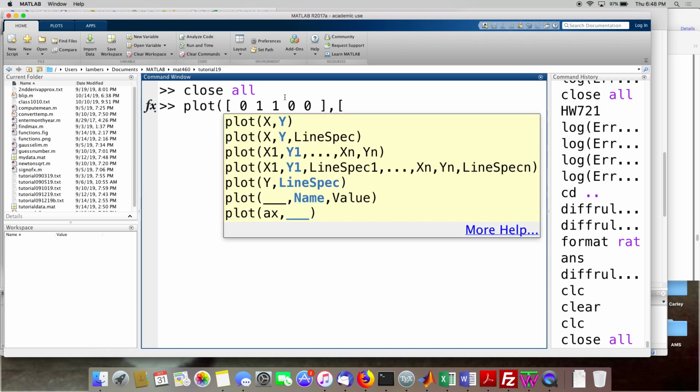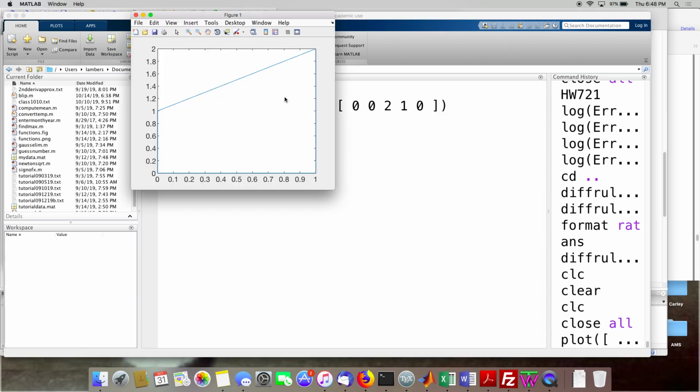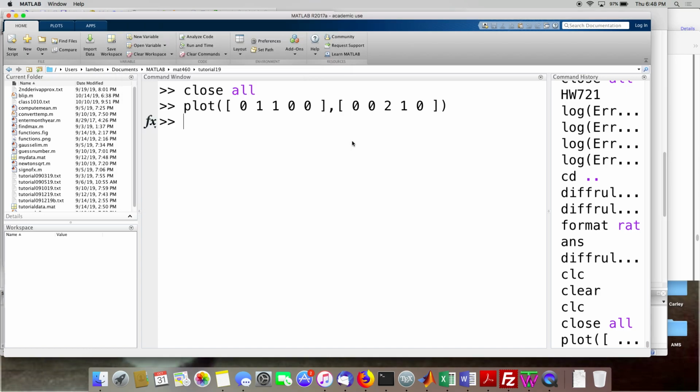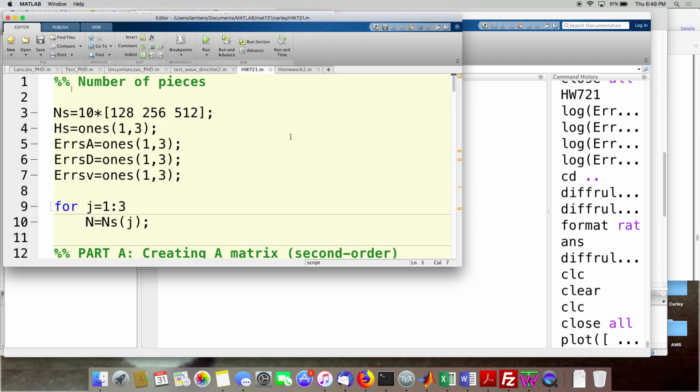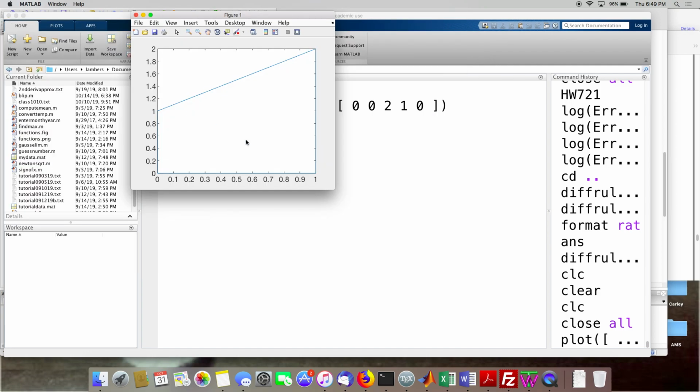Okay, and then my y values would be, let's say, 1. I'll explain this in a moment. Okay, y values would be 0, 0, 2, 1, 0. Okay, I'm going to change my axis limits so you can see this a little better. Right now my axis limits are 0 to 1 in x and 0 to 2 in y. So I want to give myself some room here.